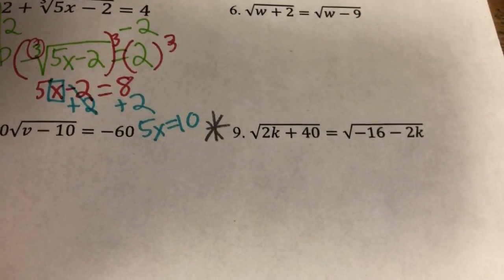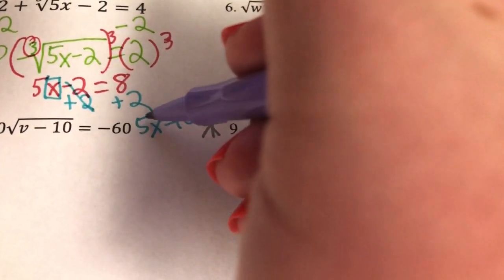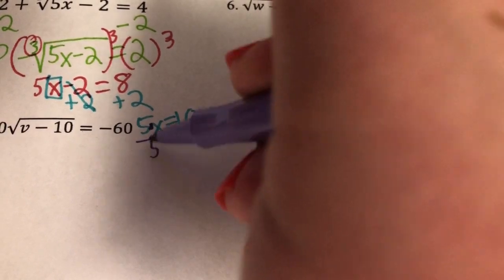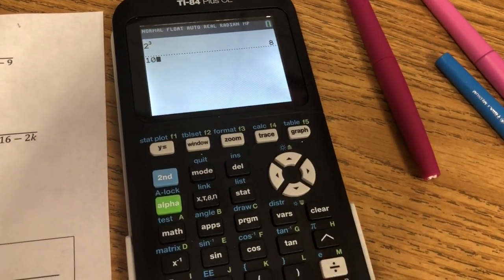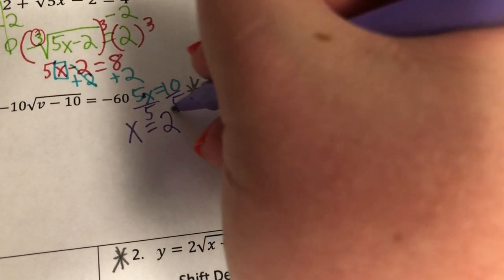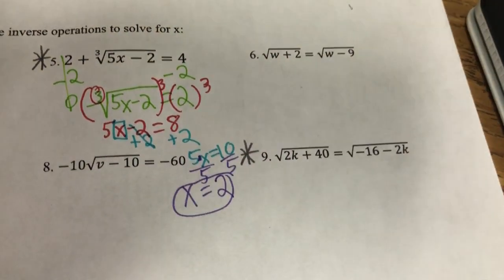There's multiplication in between that 5 and that x. So we're going to divide by 5, divide by 5. X equals, well, if you need to, 10 divided by 5 equals 2. And that would be your answer for number 5.